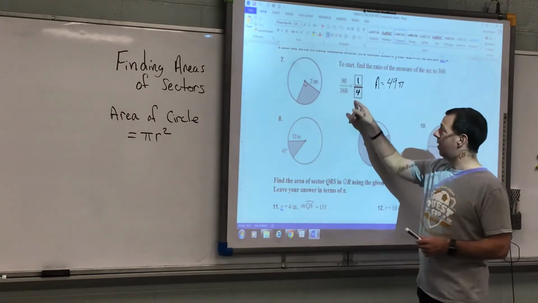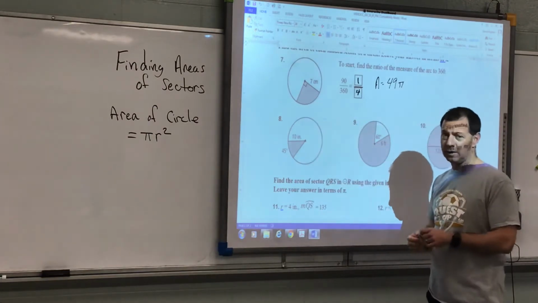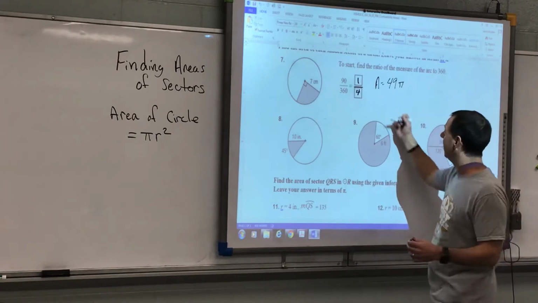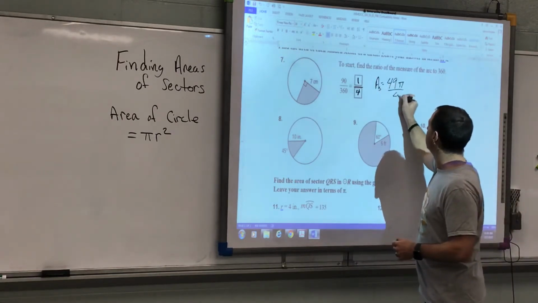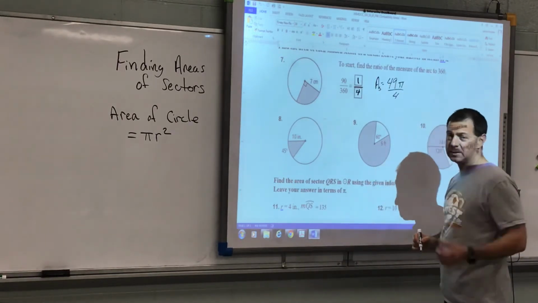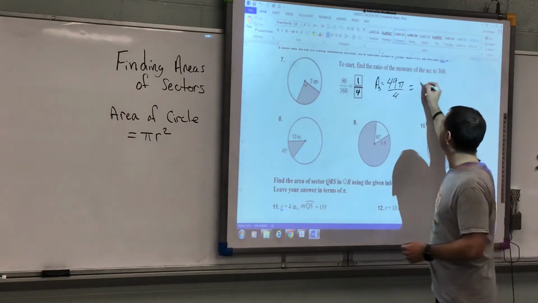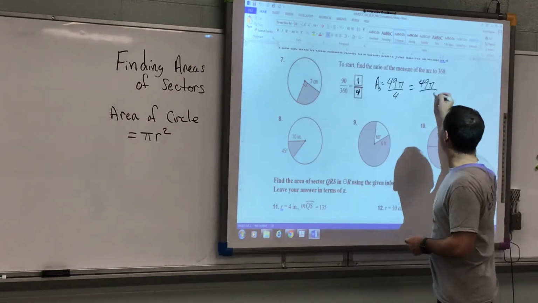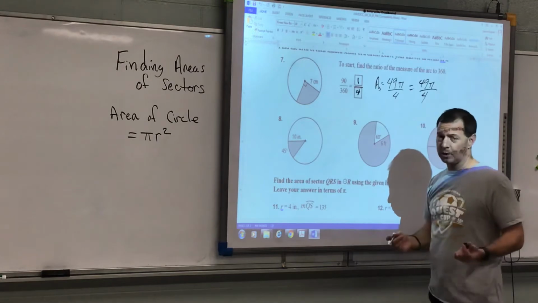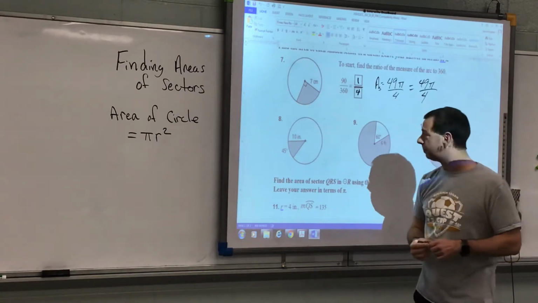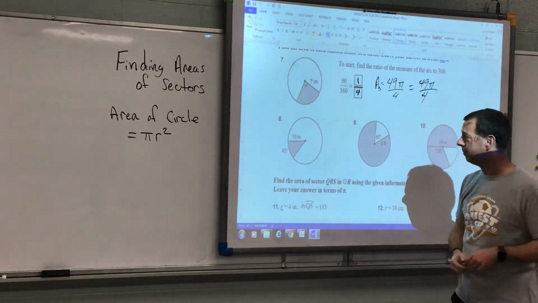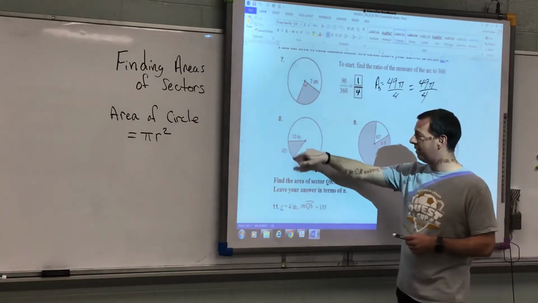Since that sector is 1/4 of the circle, I will take the area and just divide that by 4. Since that does not simplify, I can just say that the area of that sector is 49 pi over 4.